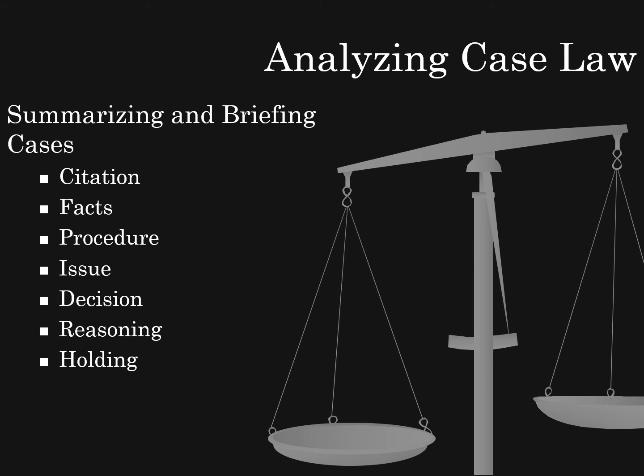Case briefs usually have, and these are just the basic pieces, the citation, the facts about the case, the important, what we call determinative facts, the facts that if we changed would change the outcome of the case, the procedural posture, how did the case get to this court, what is the issue, and there could be more than one, what's the court's answer or decision with regard to that issue, just a short answer, because then in the reasoning, application, analysis section, you're going to go into more detail about why the court decided what they did.